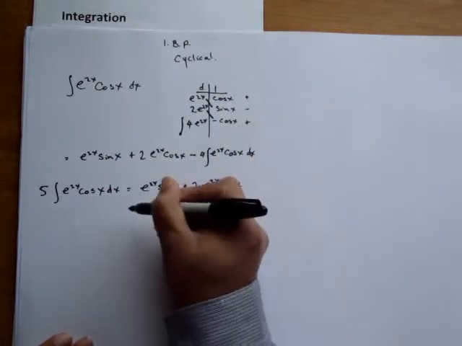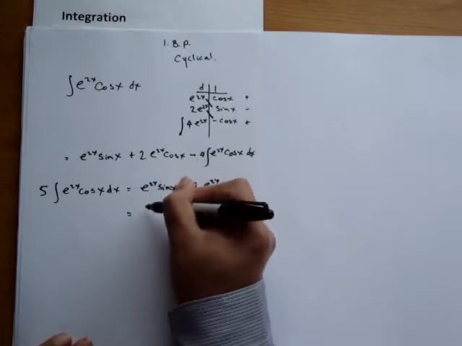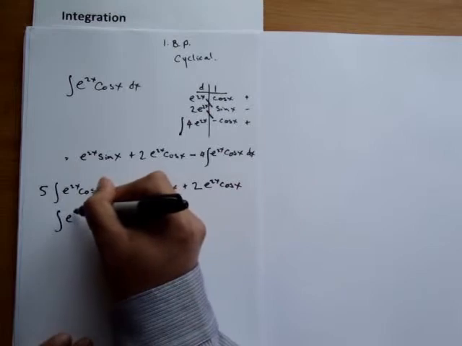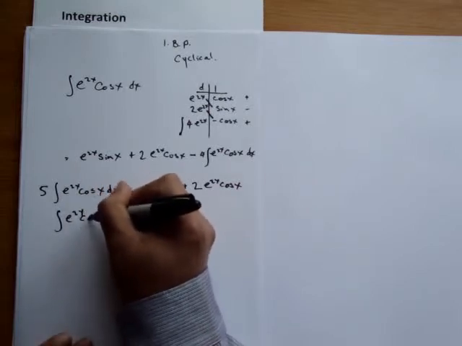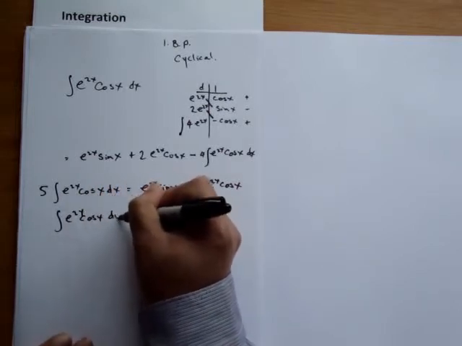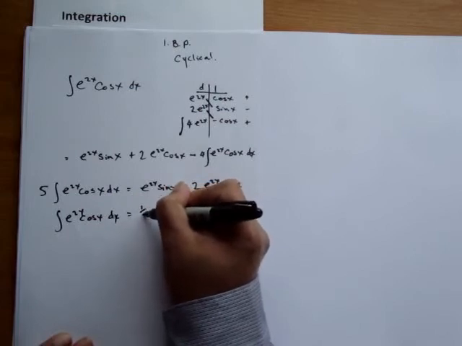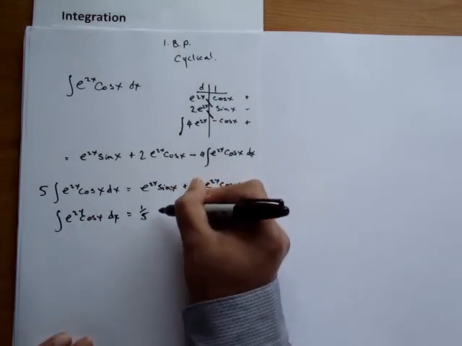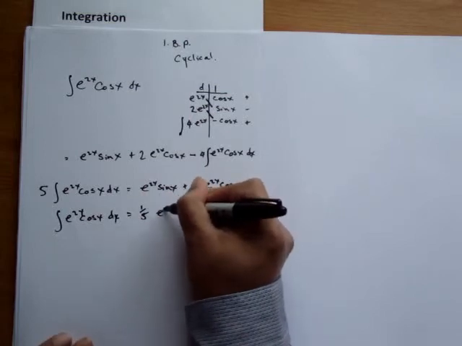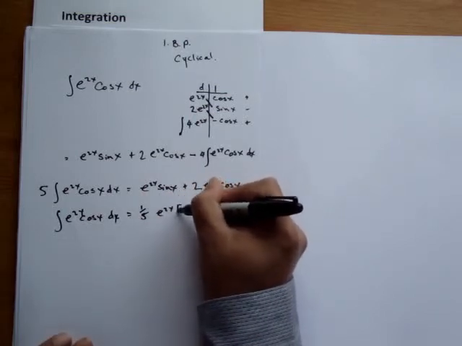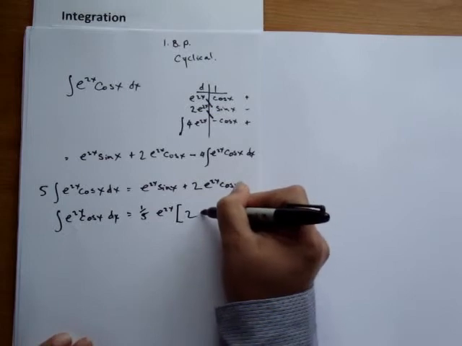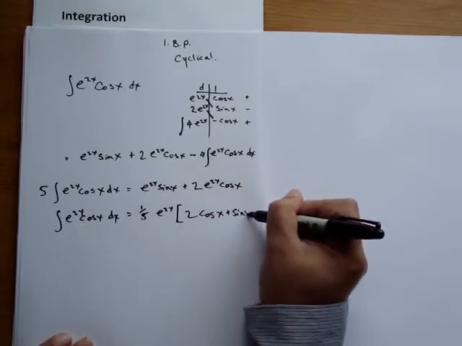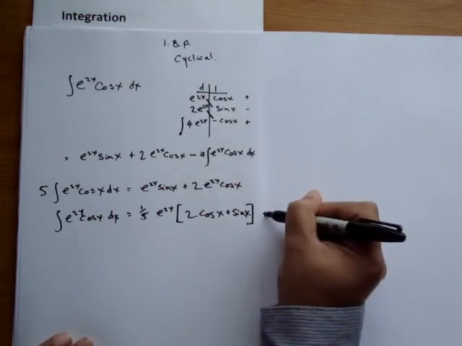And then all we do is we divide this by 5, so what we wanted in the first place, the integral of e to the 2x cos x dx, is 1/5 of this, and if we factor the e to the 2x out, we get e to the 2x, 2 cos x plus sin x, plus c.